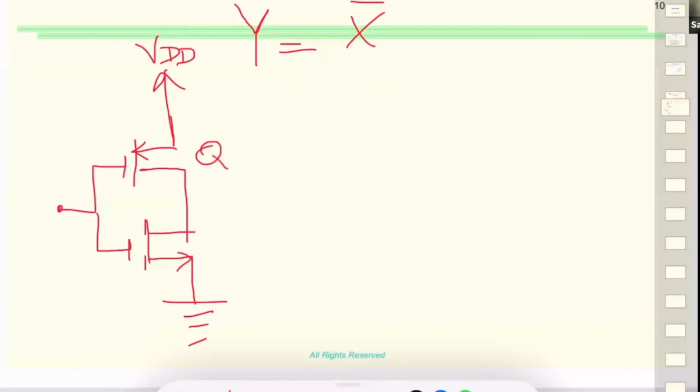We call this PMOS, this is our NMOS, and this is where we get our output. So this is input and that's output.